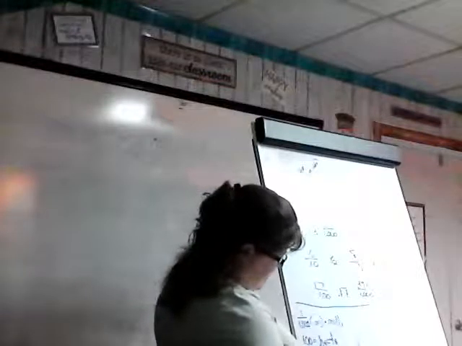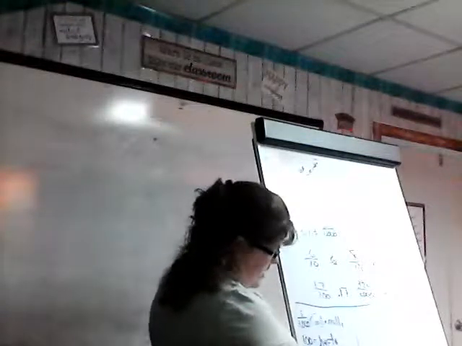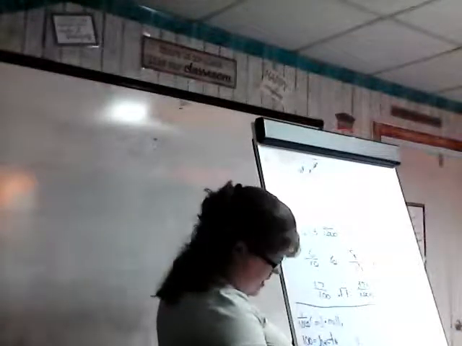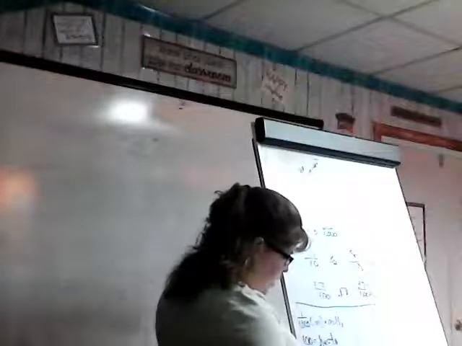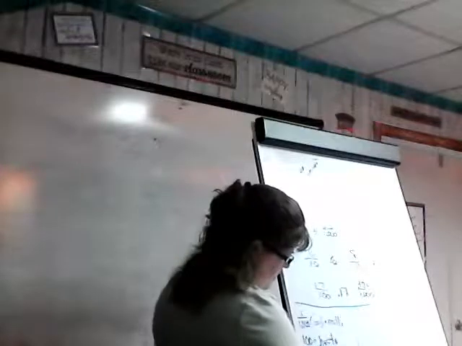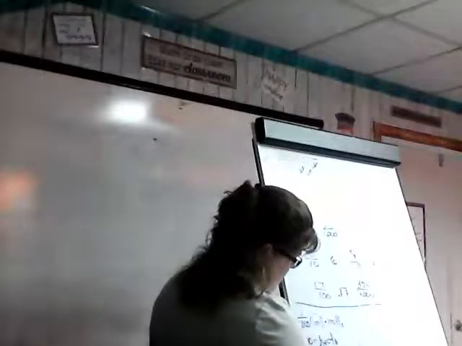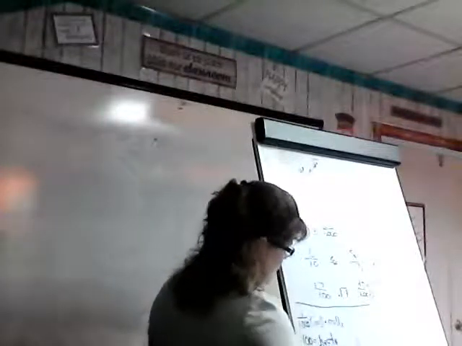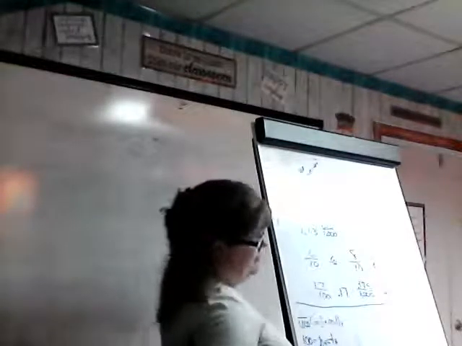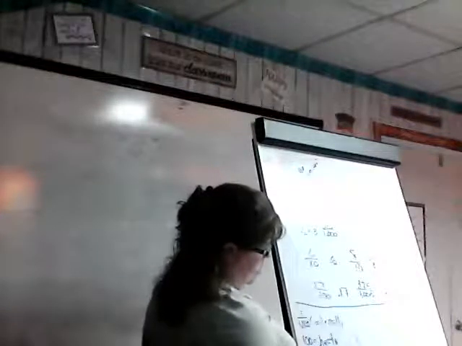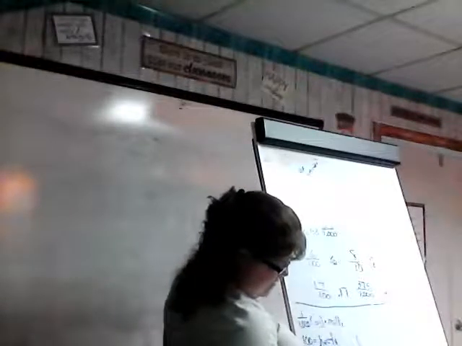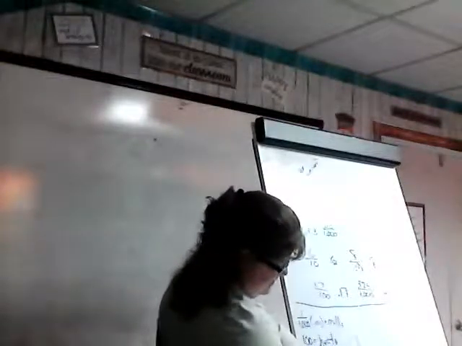How about 1,000? Kilo. How about 0.1 or 1/10? Deci. Remember, all my fractions end in I. Hecto, kilo, and all my whole numbers end with a long vowel at the end. And what does 10 equal? Deca.